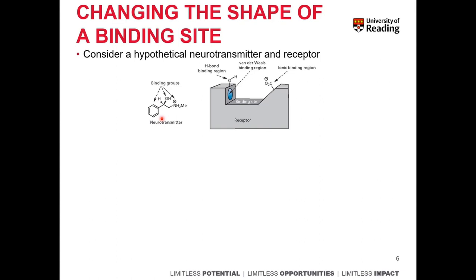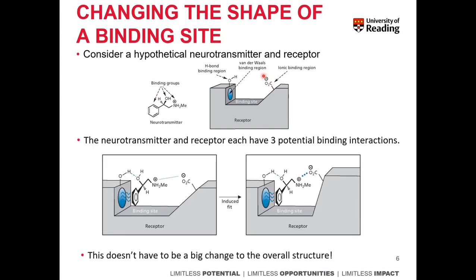Now if we look at the receptor, it contains the complementary functional groups to the neurotransmitter. So we have a region that is able to act as a hydrogen bond donor or acceptor, a van der Waals binding region, and an ionic binding region as well. Now this means that the neurotransmitter and receptor have 3 potential binding interactions that they can adopt.